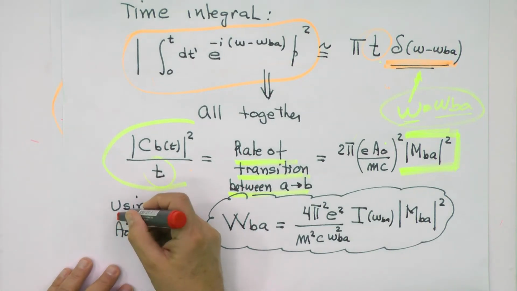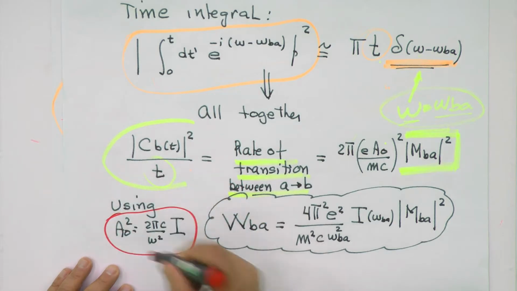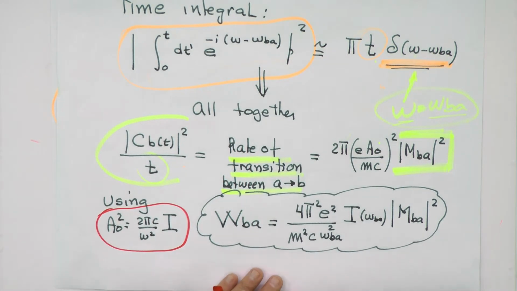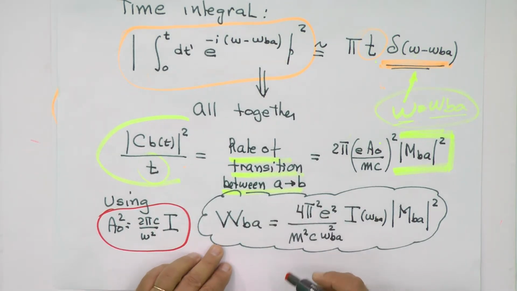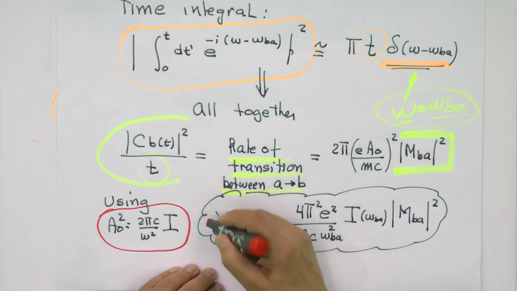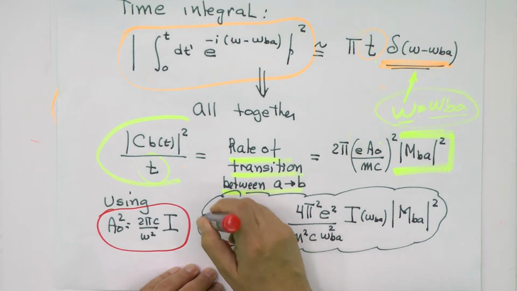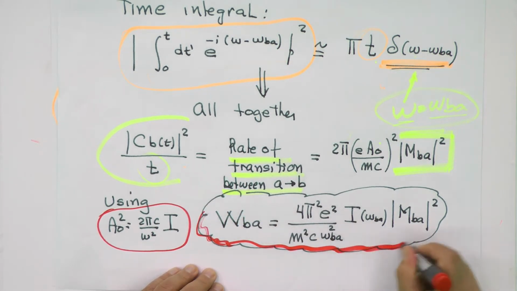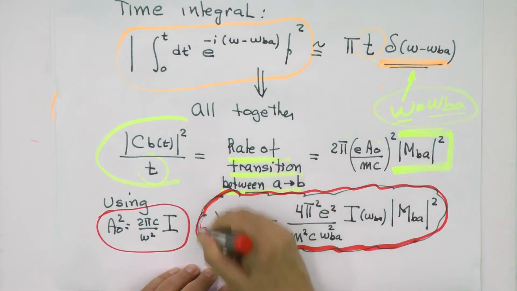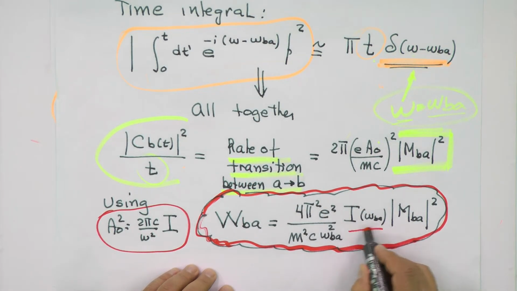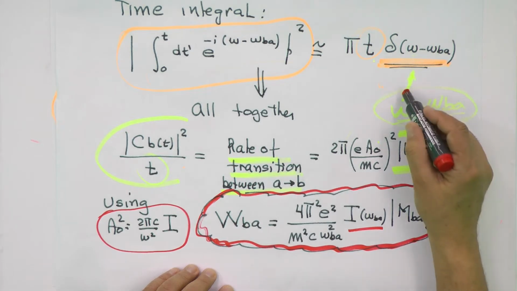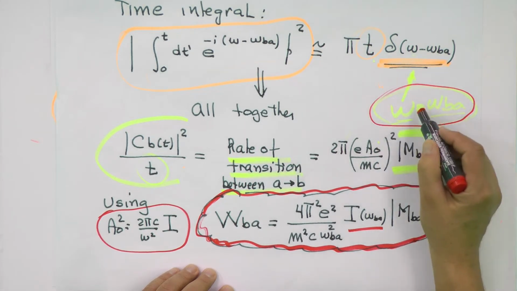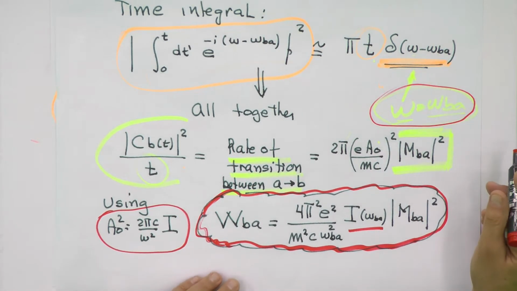So if you remember before, A squared is the light intensity, which is the number of photons that are there. Then we call this W the rate of transition, right? Rate of transition. And that is proportional to the intensity of the light in the frequency that we chose.